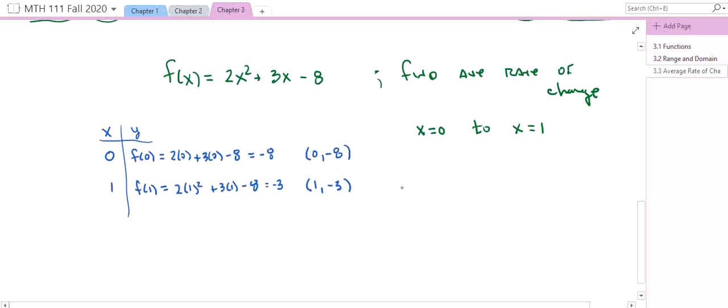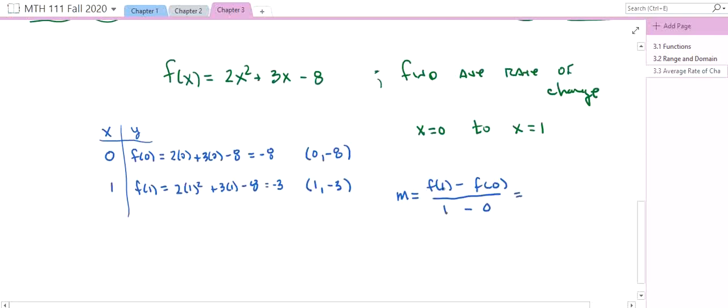So now we can do our slope, or average rate of change, between these 2 points in this function. It's going to be f of 1 minus f of 0, let's go the bigger value here first, over the x values of 1 minus 0.